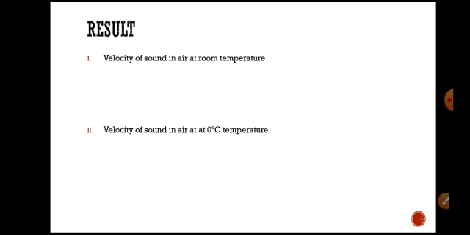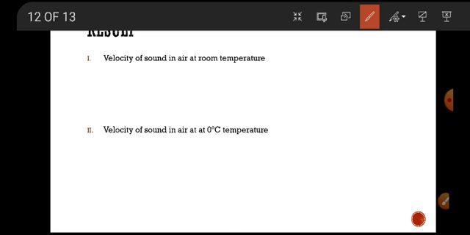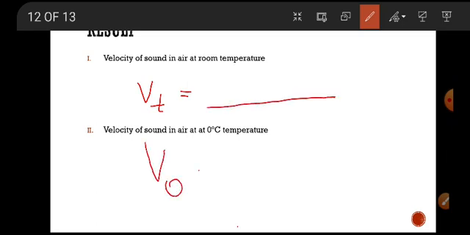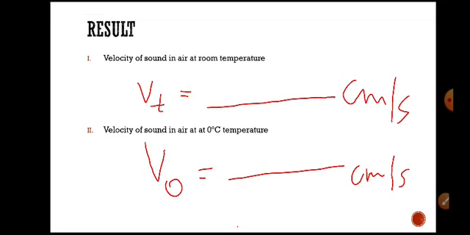Then finally, the result. What is the result here? You can write Vt equals so and so, V0 equals something, in centimeters per second. These are the results you have to write.